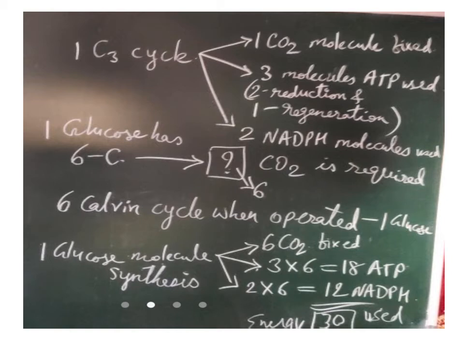Here is the C3 cycle in which all the three processes are taking place. Carboxylation: in this, RUBP is converted to 3-PGA in the presence of an enzyme named Rubisco. From phosphoglyceric aldehyde, it is converted to triose phosphate, that is, 3 carbon molecules. That process is known as reduction, and again triose phosphate is converted, or regeneration of RUBP takes place. In this way, the whole cycle takes place.